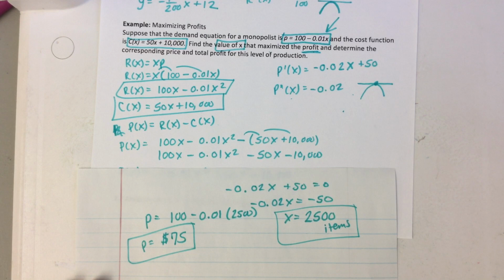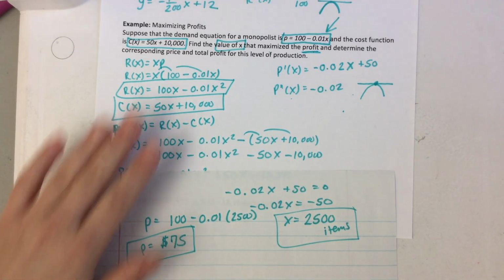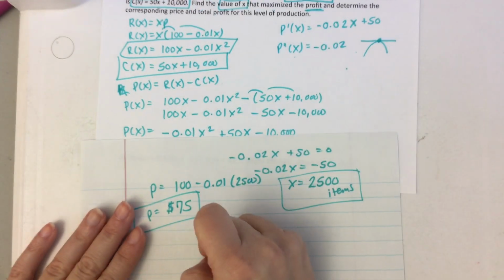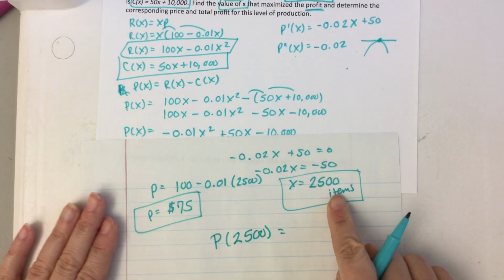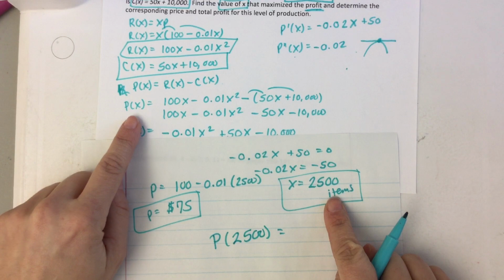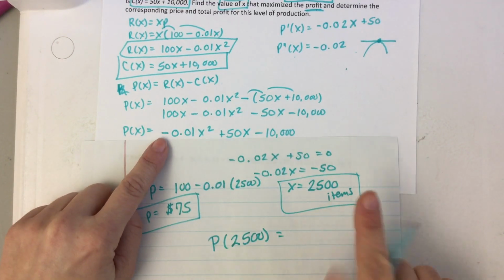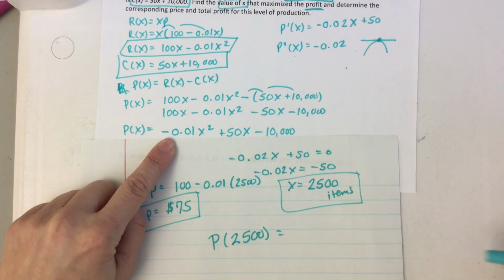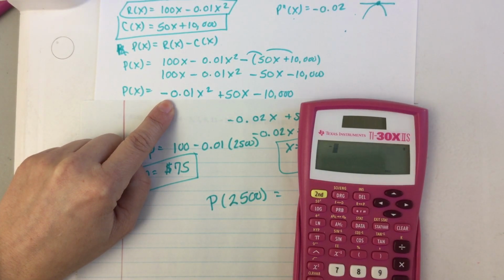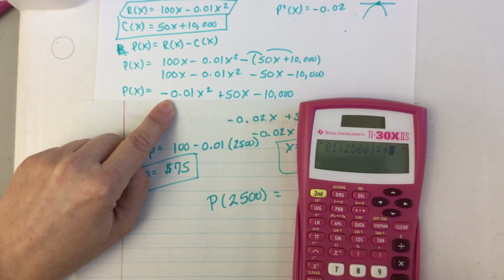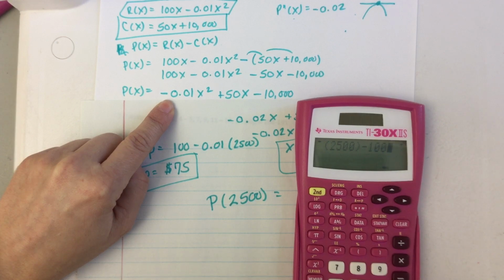And determine the corresponding price and the total profit for this level of production. Okay, so if we want to find the profit, we take P, and it's 2,500, because P is in terms of X. If I replace all of the X's with 2,500, it will tell me the maximum profit that I can make. Negative 0.01, 2,500 squared plus 50 times 2,500 minus 10,000.